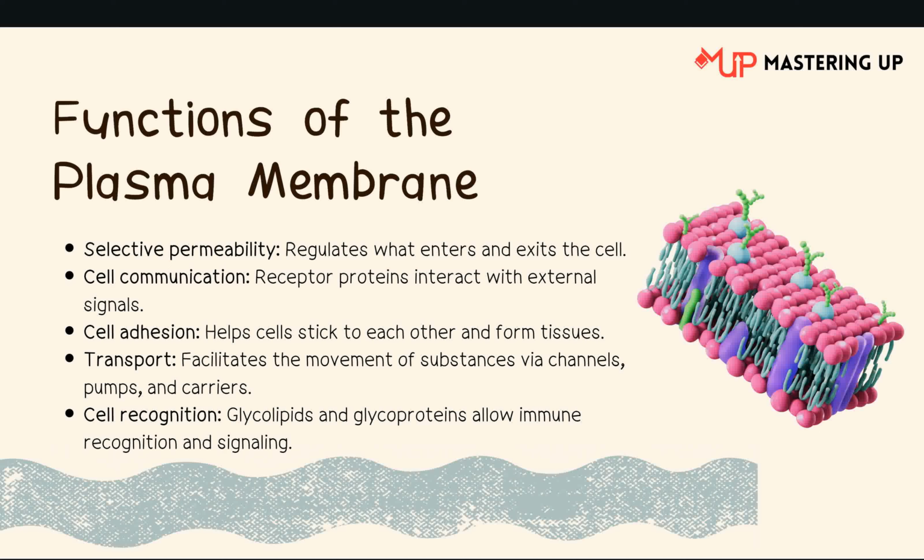Lastly, the membrane plays a role in cell recognition. Glycoproteins and glycolipids on the membrane surface allow the immune system to distinguish between the body's own cells and foreign invaders.